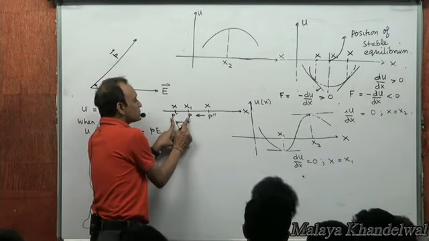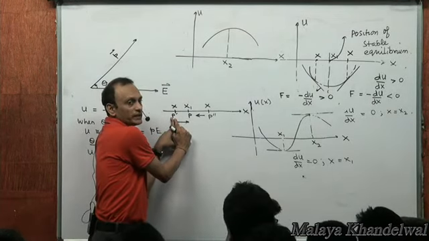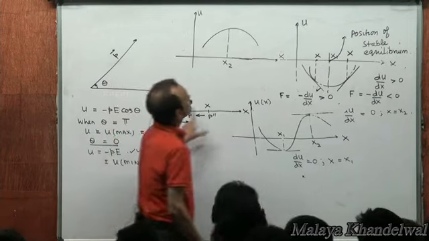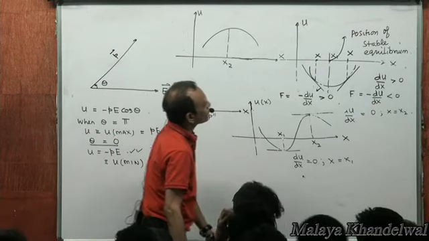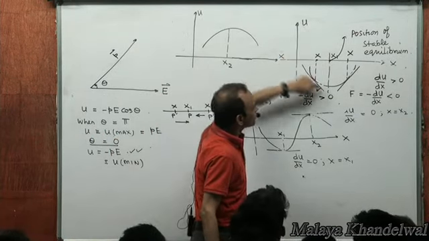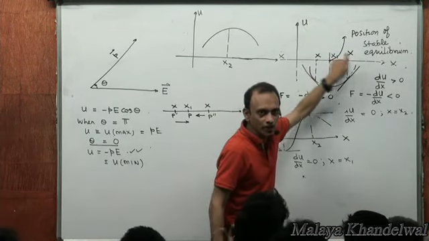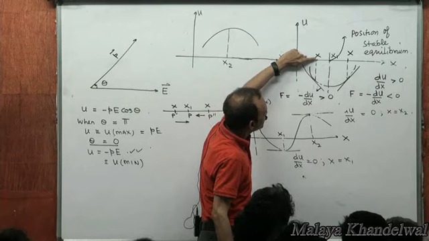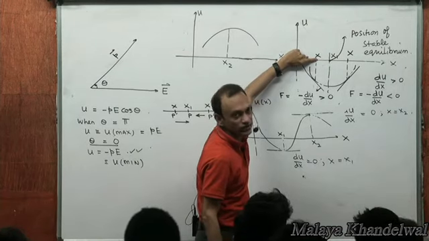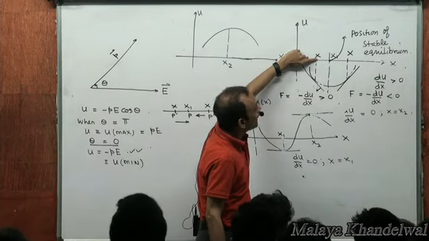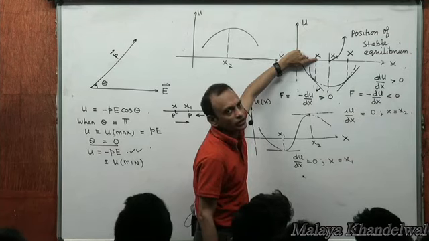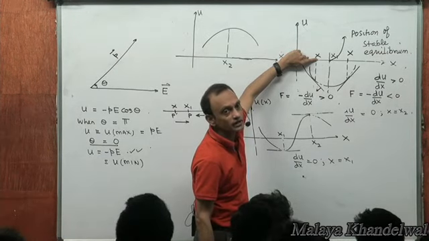Now, when I displace the particle slightly to the left of x1, when it comes to p prime, look at the region surrounding x1. This is a point x to the left of x1. At this x, what's the force acting on the particle? Minus du dx.